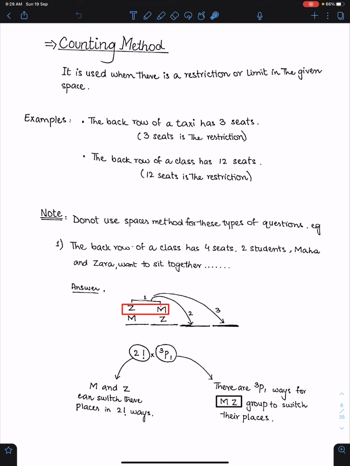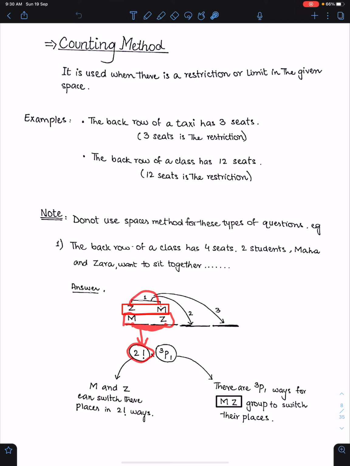Example number 1. The back row of a class has 4 seats: 1, 2, 3, 4. And you know seats are always adjacent. Two students, Maha and Zara, want to sit together. So there are 2 ways for them to sit together, maybe MZ or ZM. So you need to write 2 factorial here because they both can switch their places in these 2 ways.